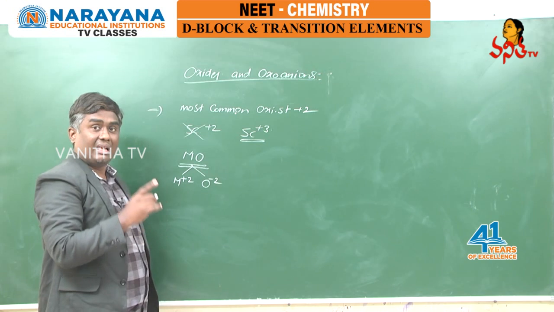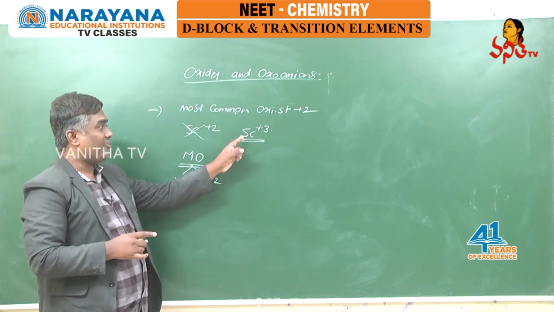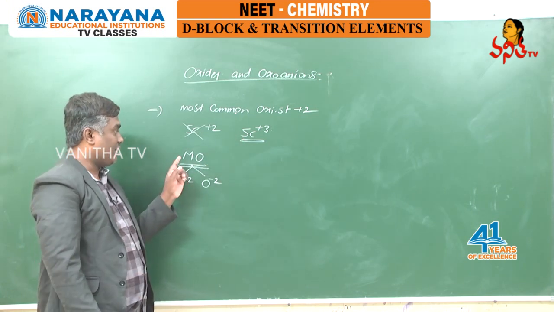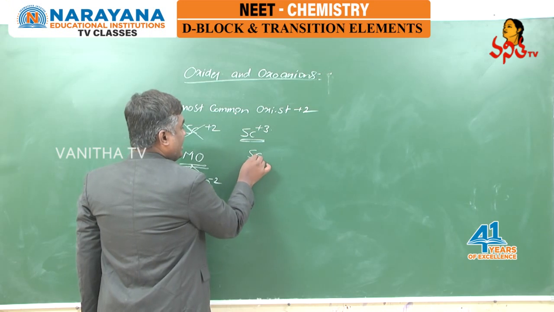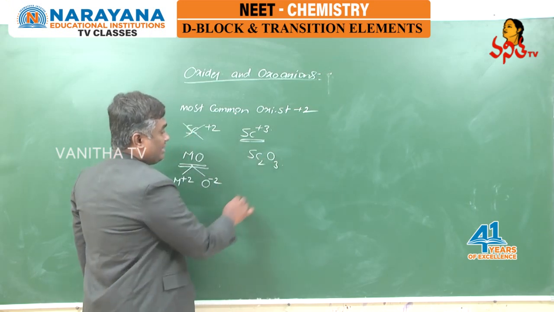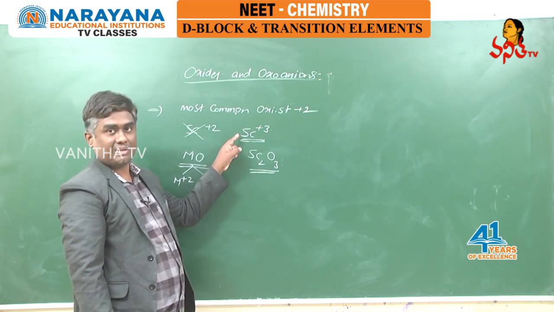So we can say that in D block elements, or you can say in transition elements, scandium cannot form oxide with the formula MO, because scandium can form oxide with the formula Sc2O3. The reason is what same? Because scandium can exhibit only +3 oxidation state.